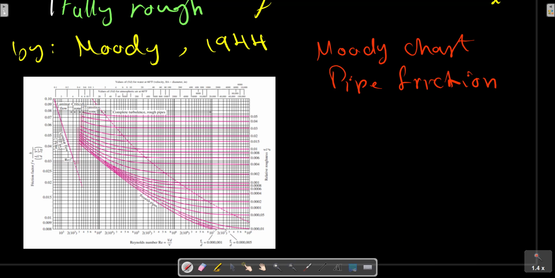The Moody chart is probably the most famous and useful figure in fluid mechanics. It is accurate to about 15 percent for design calculation over the full range shown in this picture.